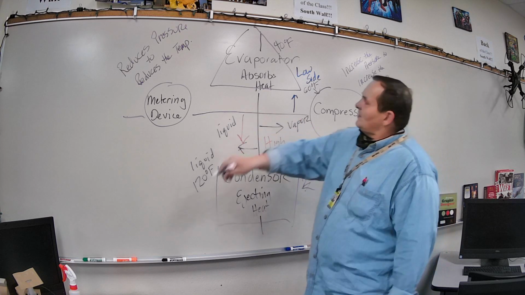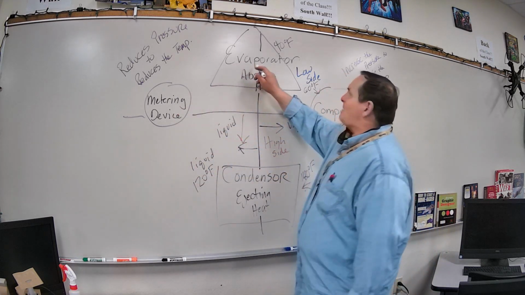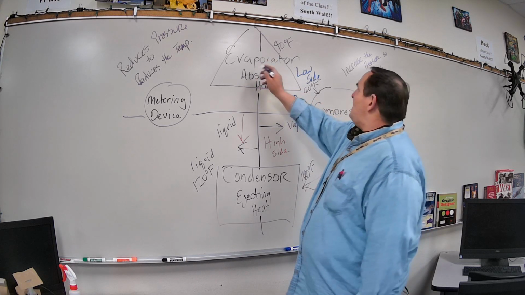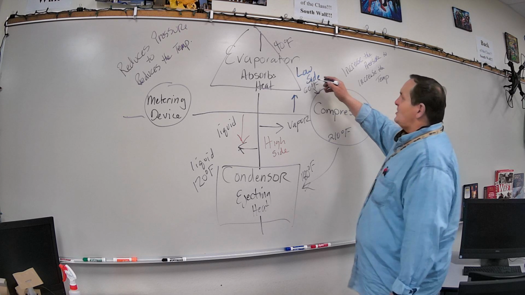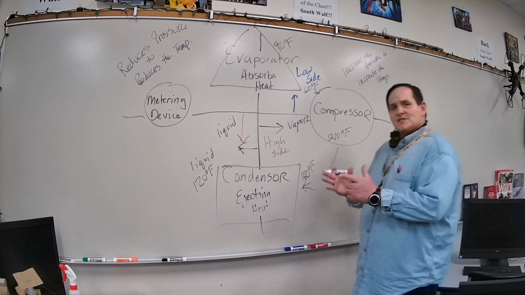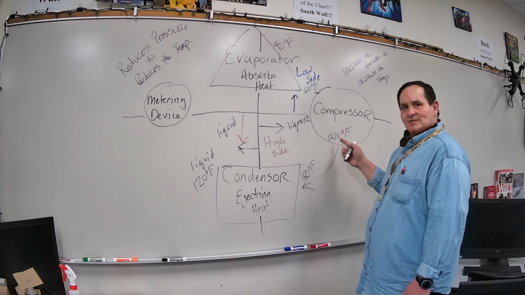The liquid refrigerant goes into the metering device and sprays into the evaporator. As it absorbs heat, it becomes a vapor, comes out as a low pressure, low temperature vapor, and goes into the compressor. The compressor compresses the gas and makes it a high pressure, high temperature gas.